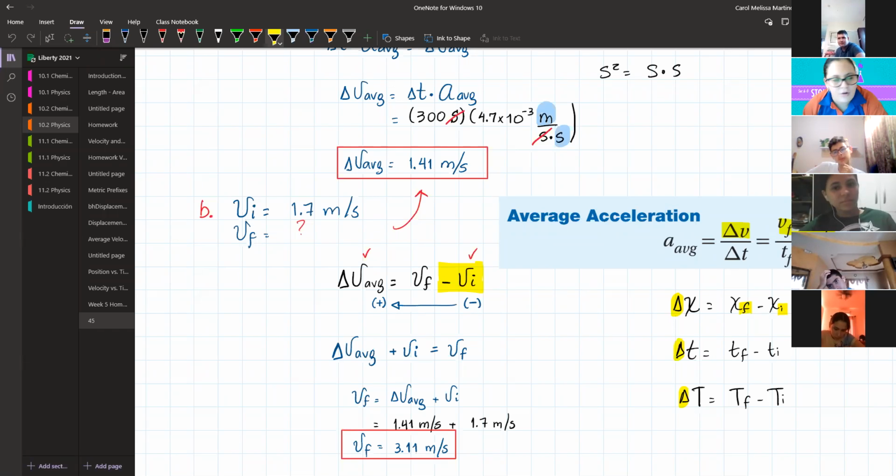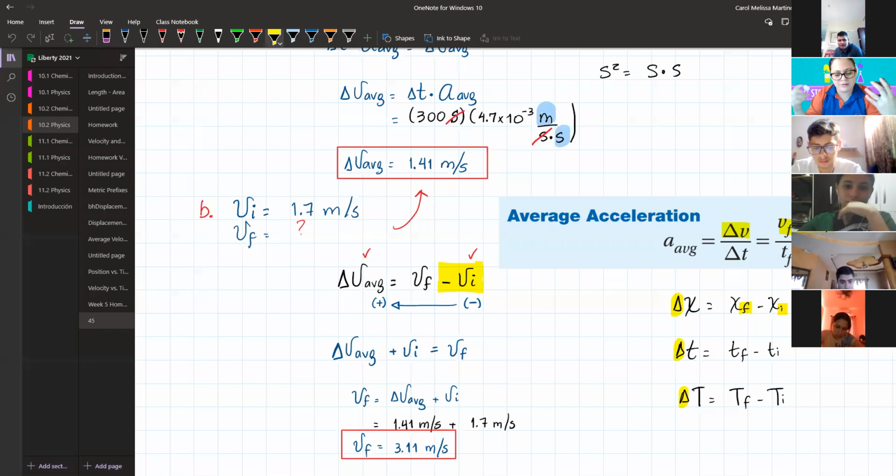No, it's always final minus initial. But in this case, the isolation gave you a different thing. The subtraction converts into an addition symbol. But just remember this, it's always the final minus the initial.